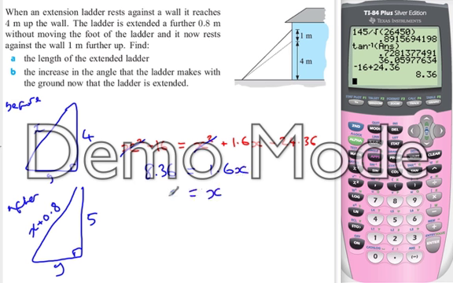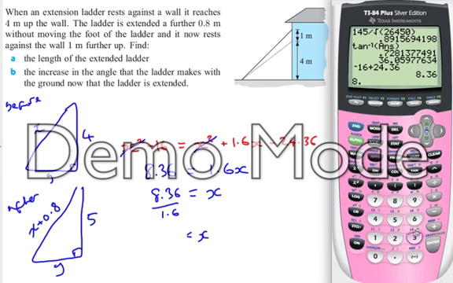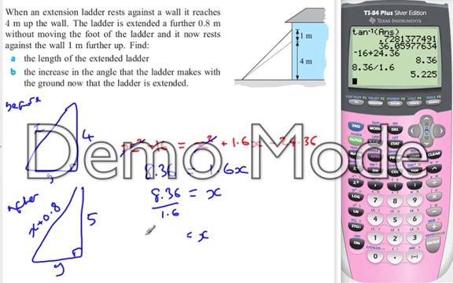X on its own then is going to be 8.36 divided by 1.6. So x is 8.36 divided by 1.6, which is 5.225 meters.